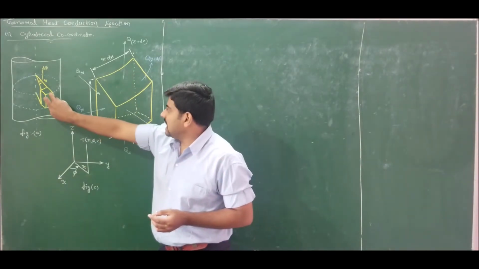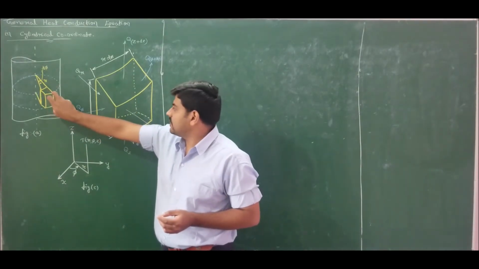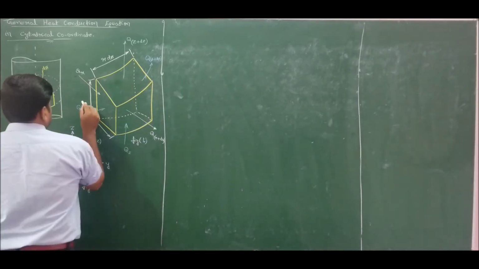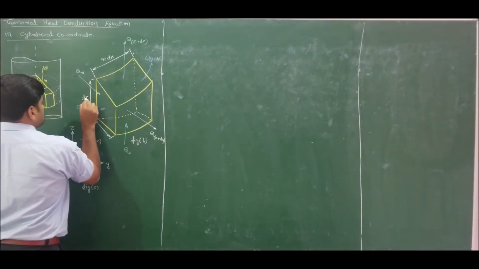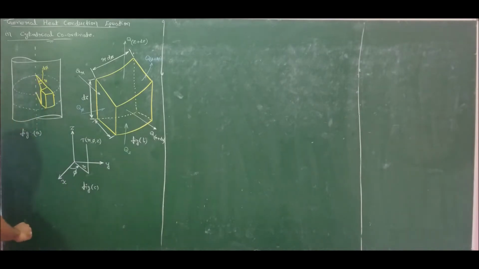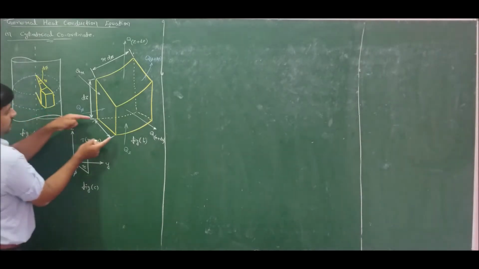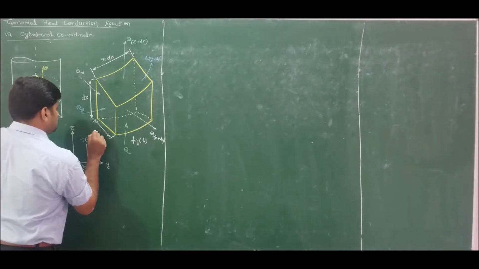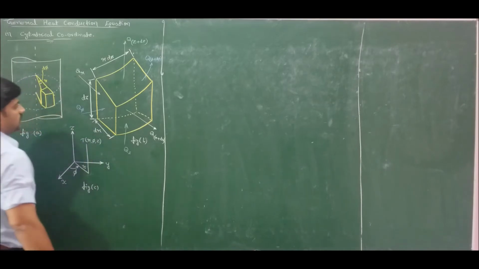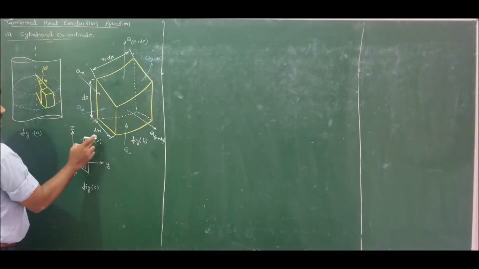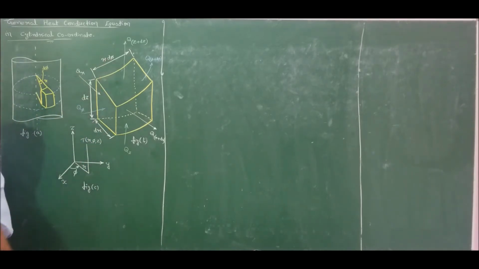The vertical height is the z direction, therefore the height is dz. And I am considering an elemental thickness dr at a radius r, so this length is dr. So the volume of this element is dr, dz, r d phi. Hope the concept is clear to you.